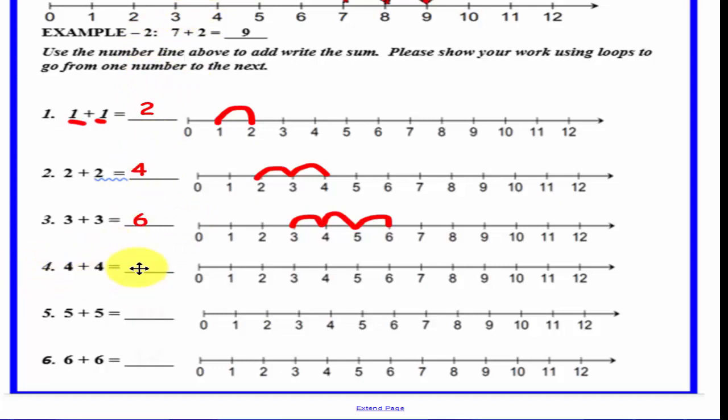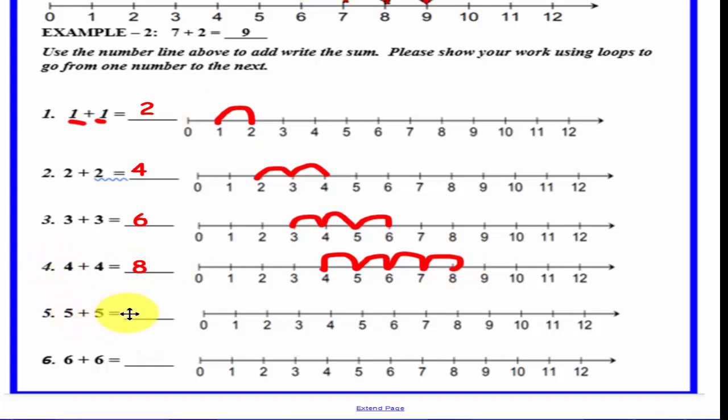4 plus 4 is equal to 8. Now, where do we start at? Well, we're going to start at number 4, right? So here's 4. And how many loops do we have? It says 4 of them. So we go 1, 2, 3, 4. So 4 plus 4 is equal to 8.